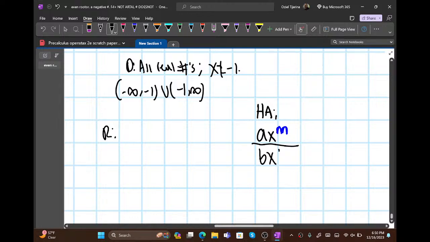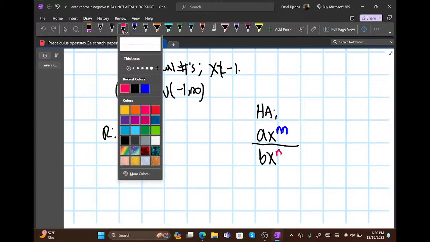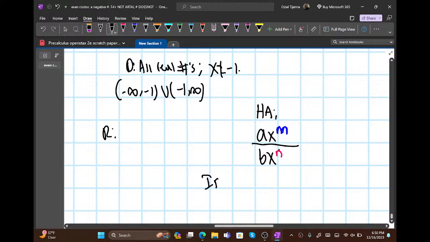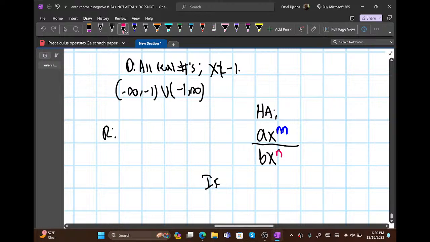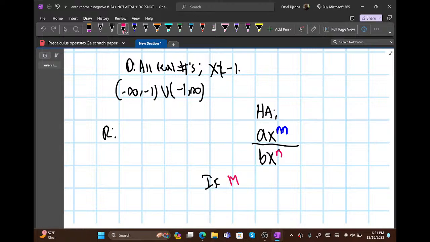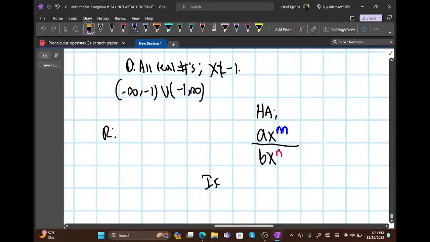Let me think. If m is less than n, the horizontal asymptote is y equals 0.